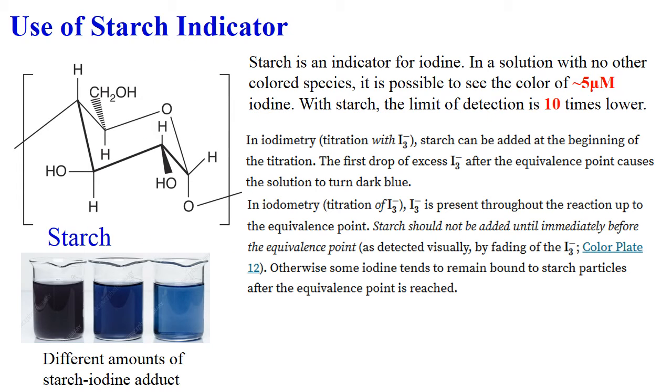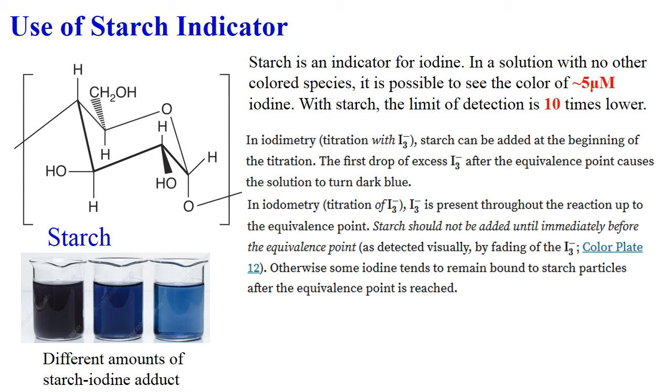There is one specific indicator that is used in both of iodine-related methods. It's starch. In solution with no other colored species, it's possible to see micromolar concentrations of iodine because it's yellowish. With starch, you can see more than 10 times lower concentrations. When we titrate with I2, starch can be added at the beginning of titration.